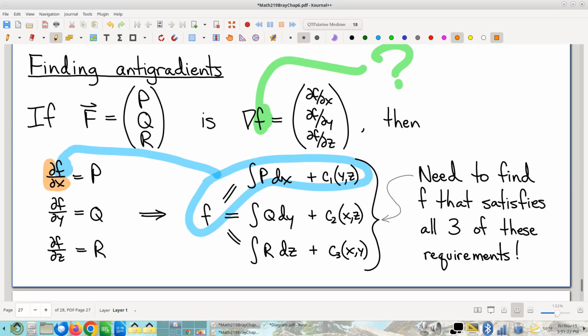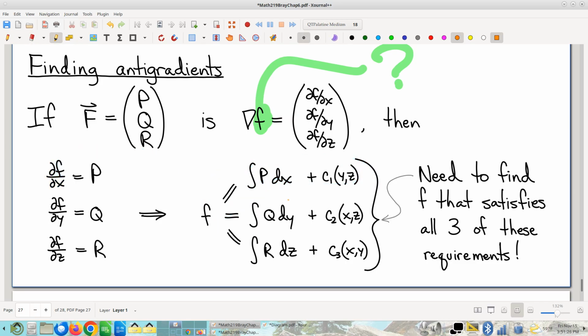Right? So when you're talking about partial derivatives, the integration constant isn't a constant. It's what we call a partial constant, which means it's a function. It's a function that just doesn't have any of the x's in it if you're talking about x partial. Everybody cool with that?